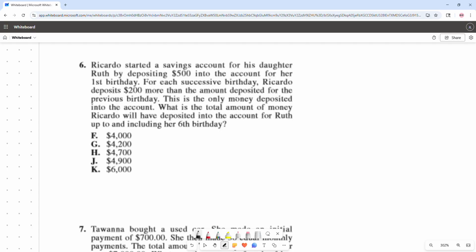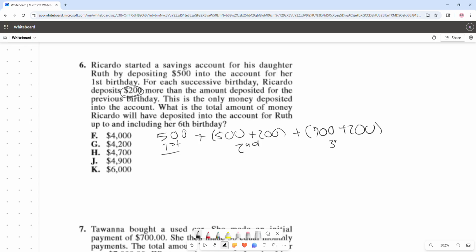You're doing calculator, but basically it's 500 on her first birthday. To understand what it's asking, for each successive birthday, Ricardo deposits 200 more than the amount deposited for the previous birthday. So the previous birthday was 500, so you add 200 more on her second birthday. And for a third birthday, the previous amount would have been 700, so you add 200 onto that.